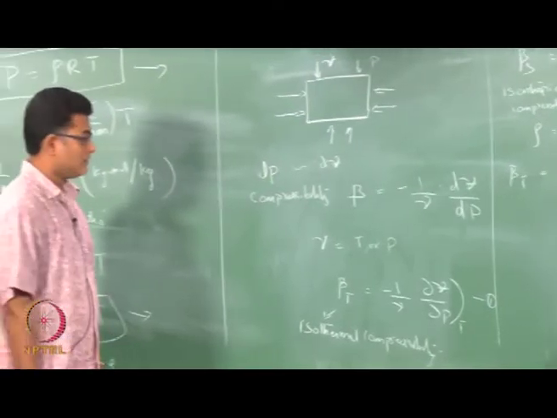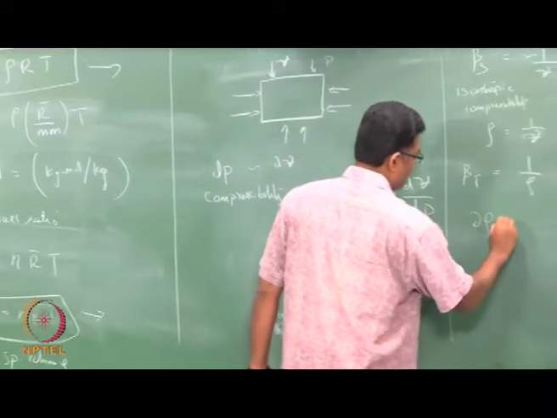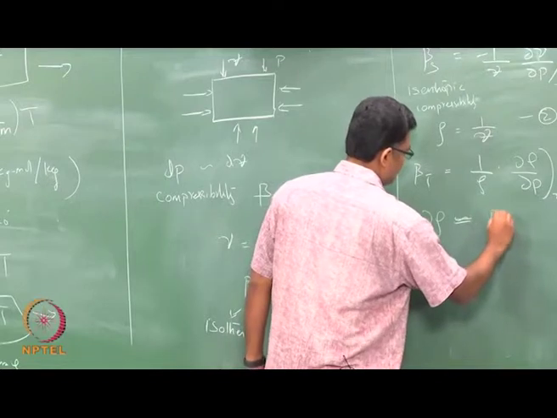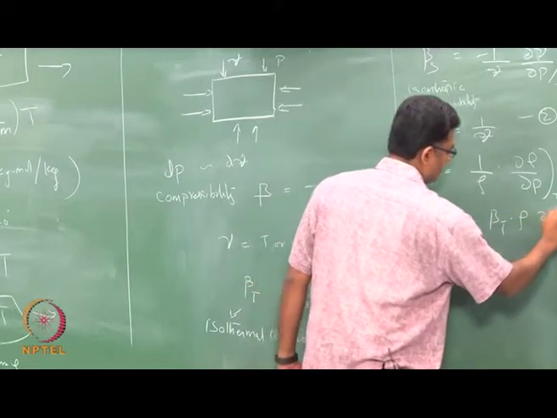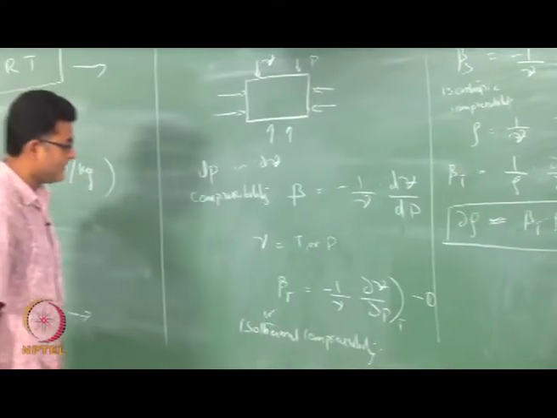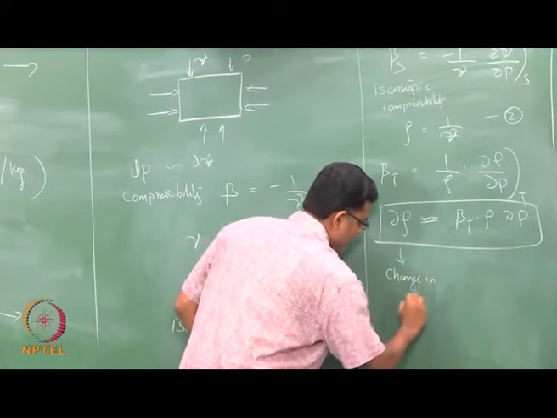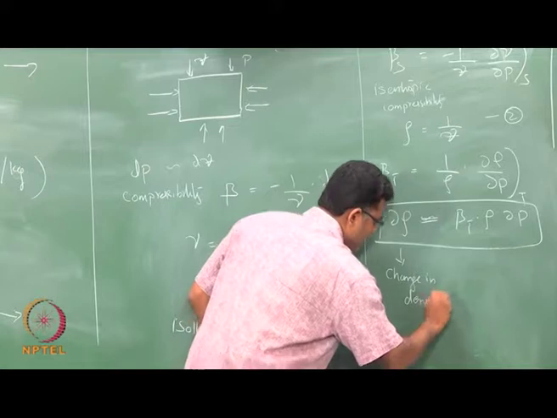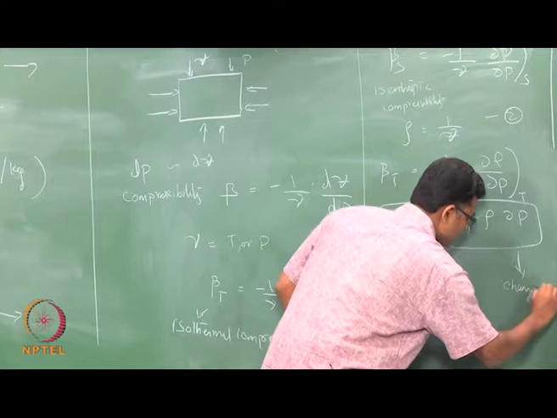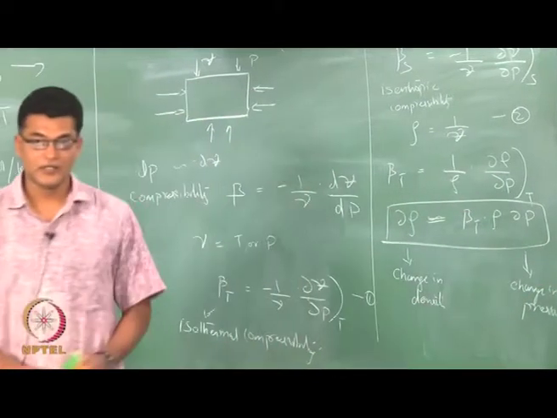Okay. Or my d rho is beta T rho into dP, which essentially tells me that for every change in pressure there is a change in density. Okay.